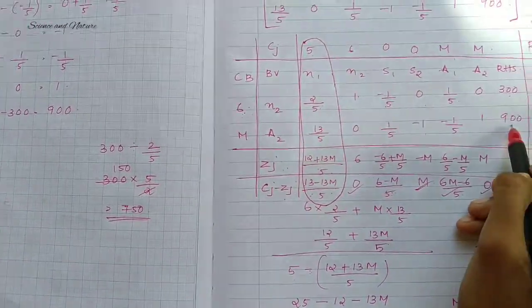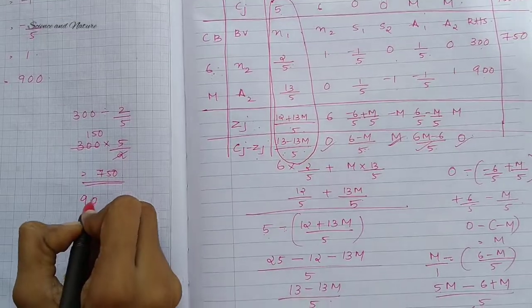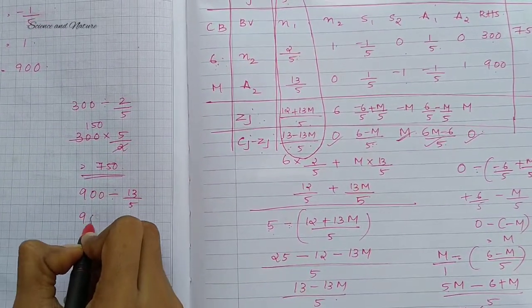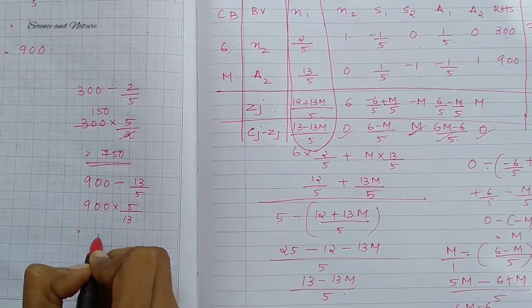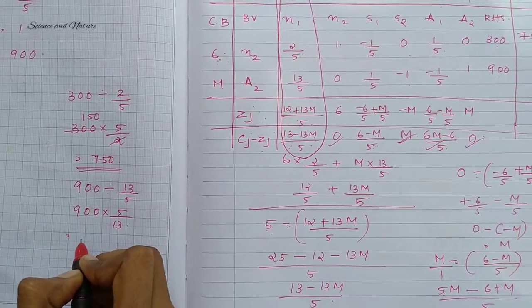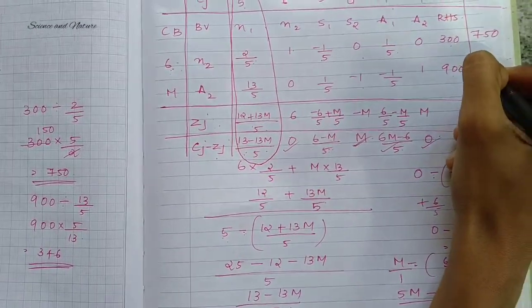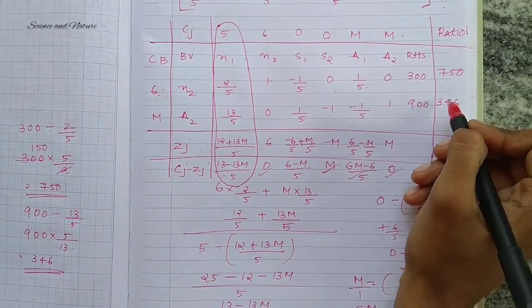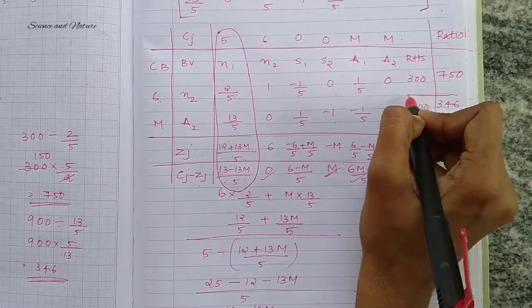Next, we need to do 900 divided by 13 by 5. Again 900 into 5 by 13, which is equal to 346. Here we should take the least number as the key row, that is 346.